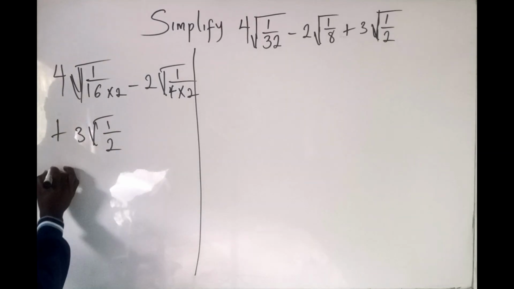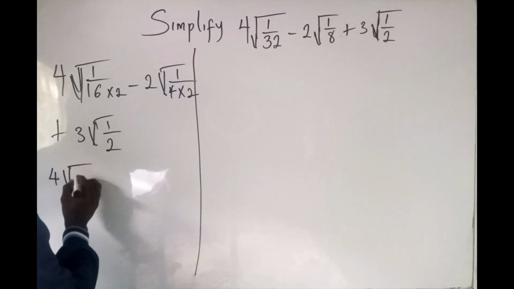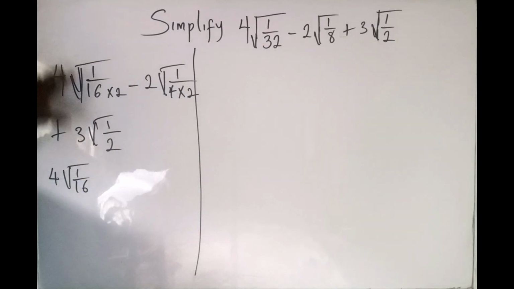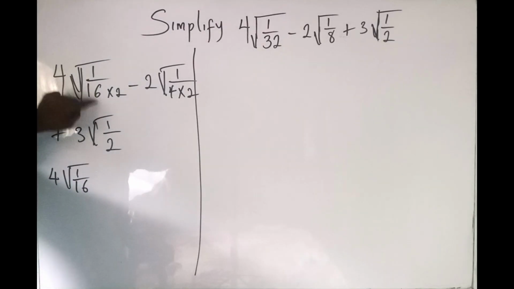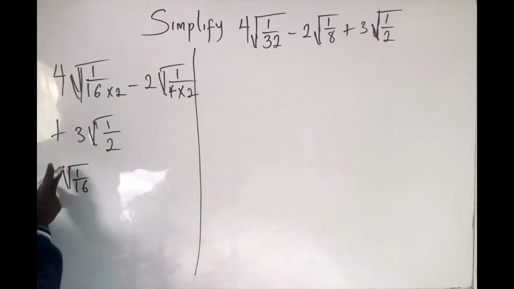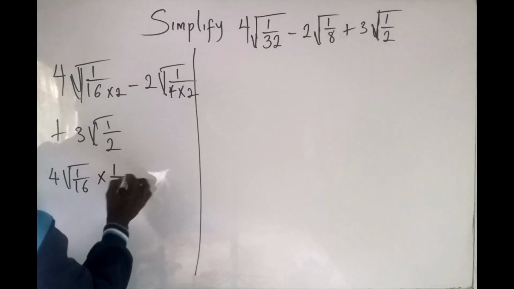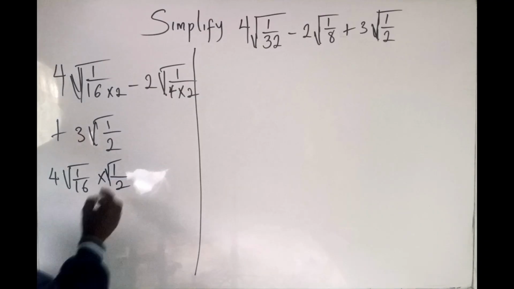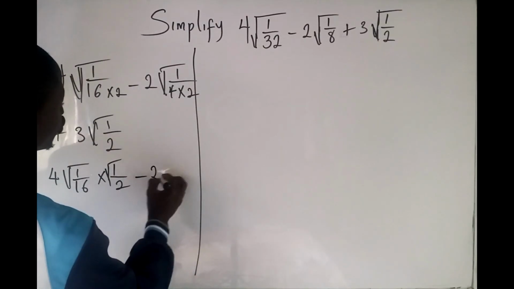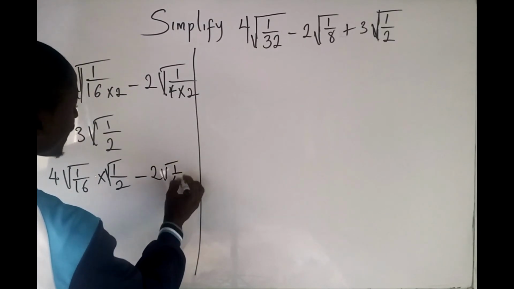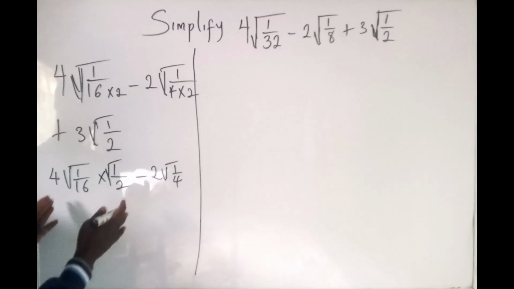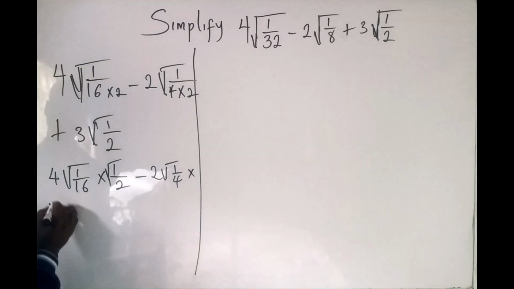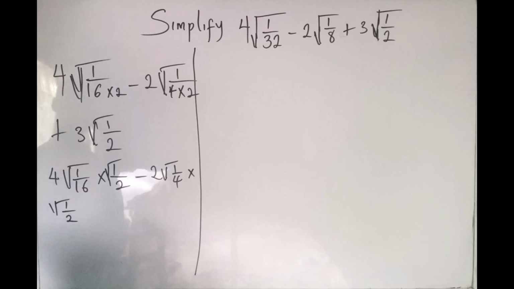Now, we have 4 roots 1 over 16 times 2. We can write it as root 1 over 16 times root 1 over 2. Now, then minus 2 root 1 over 4, we are splitting it in fractions, times root of 1 over 2.